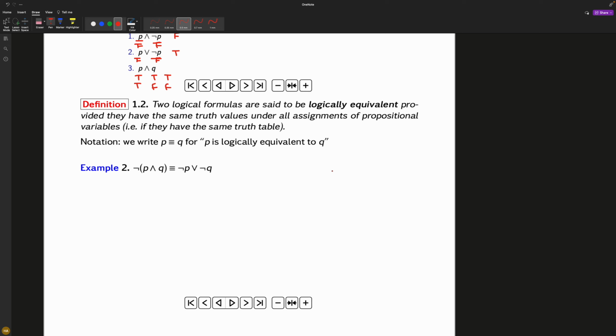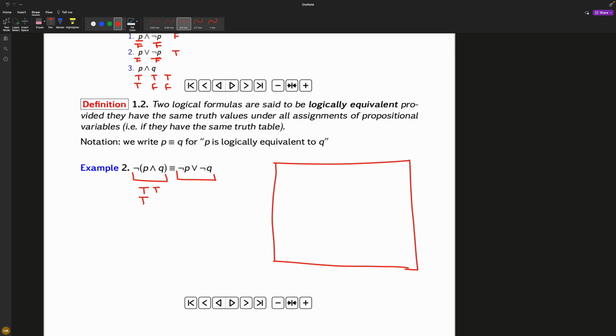Basically, if you do a truth table of both sides, I'm not going to actually do a truth table because we did that last lecture, but if you do a truth table for this side and for this side, under all combinations of P and Q, like T T, T F, F T, F F, and after you run through these, they result in, let's say, T, T, T, T, and you do the same thing here, and it gives you the same final solution, that means they're equivalent, right?